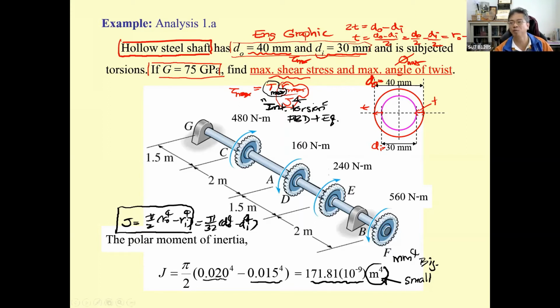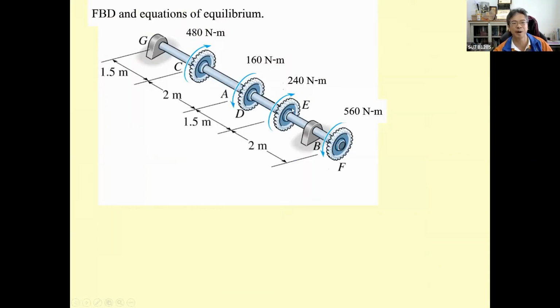Now we move to the next slide by using the free body diagram and the equation of equilibrium. You just cut this portion, okay, and you take this portion and dock it over here. That is going to be the portion for the GC. On the basis of this, you may set this one as the x-axis.